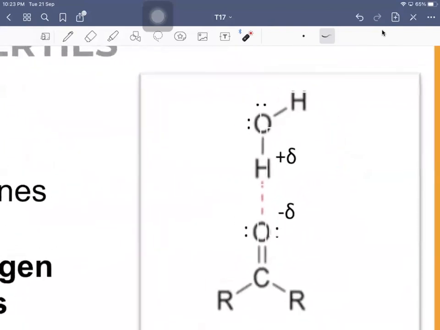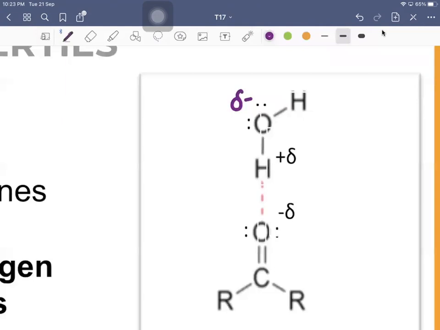So you can see here, the hydrogen attached to water is polarized so that hydrogen has a delta plus and oxygen has a delta minus. This hydrogen is attached to one of the highly electronegative atoms, which is oxygen.